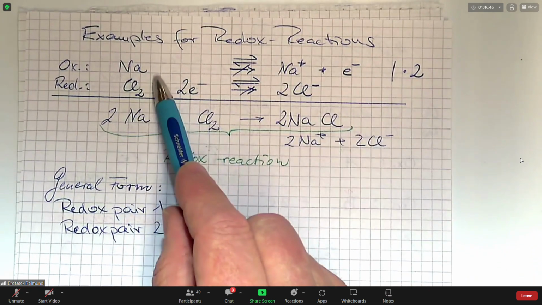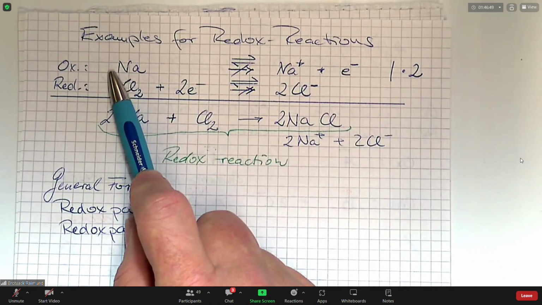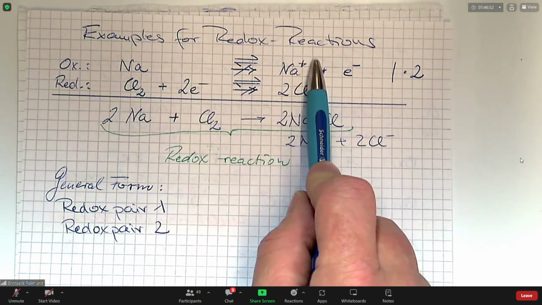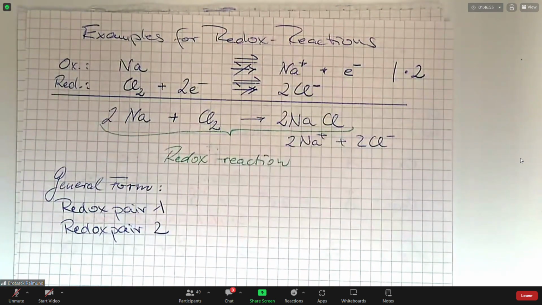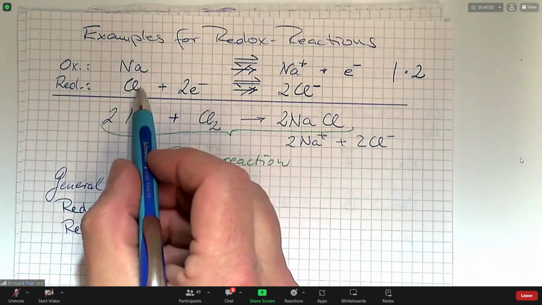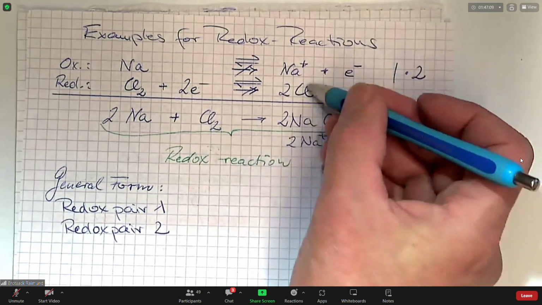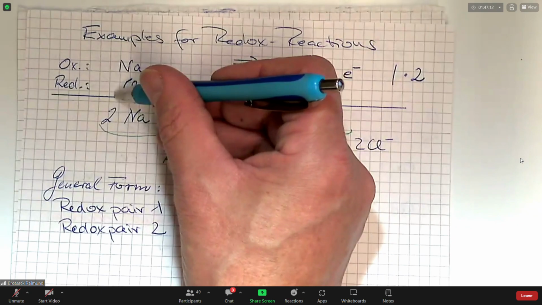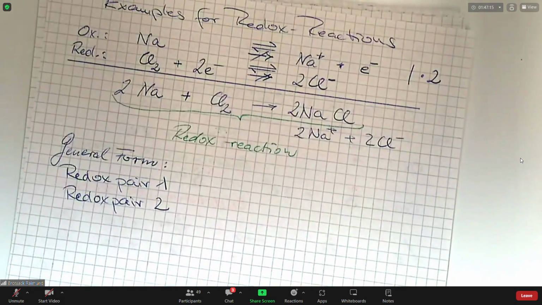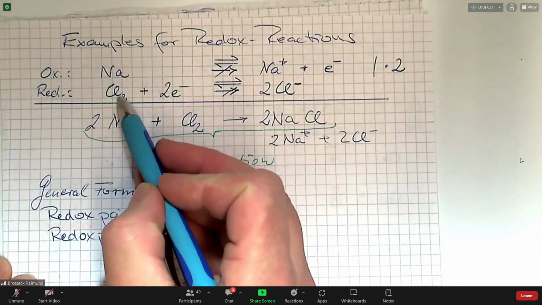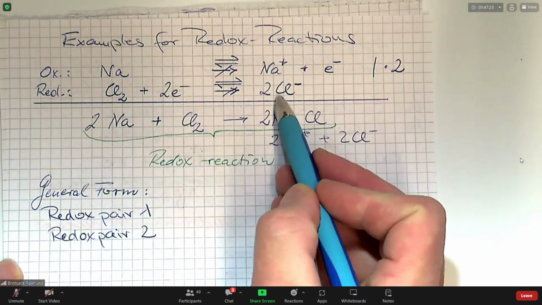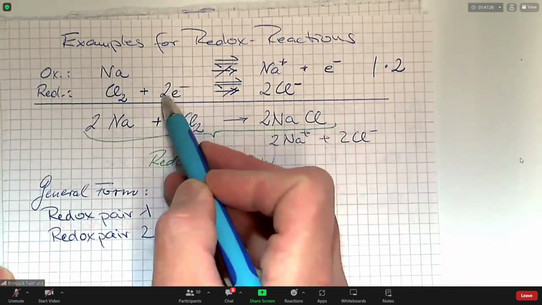For the sodium, it won't work very easily because normally it's oxidized. If we want to push it to the left side, we have to add energy, electrons. For the chlorine, vice versa. Normally it will go in this direction, but we can even oxidize it via power from outside to push it in the opposite direction. So here, this is the oxidized form, which is reduced, and this is the reduced form, which can be oxidized.